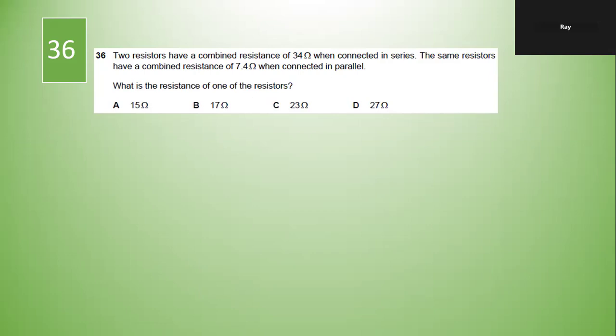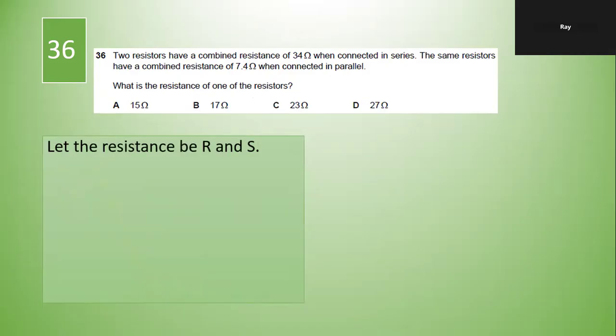Let one be R, one be S, the resistances, and work it through. R plus S is 34. If it's in parallel, you take the reciprocal of them, this one over 7.4, and solve the equation.